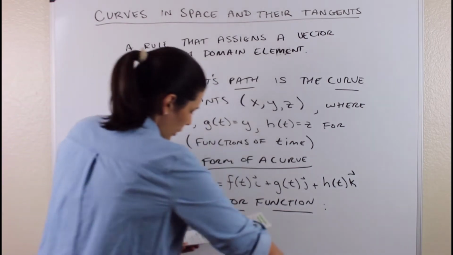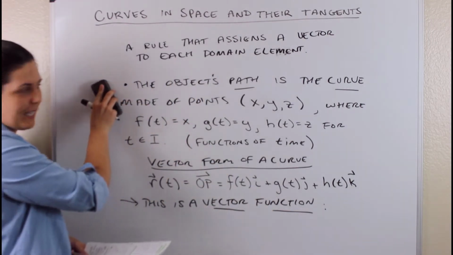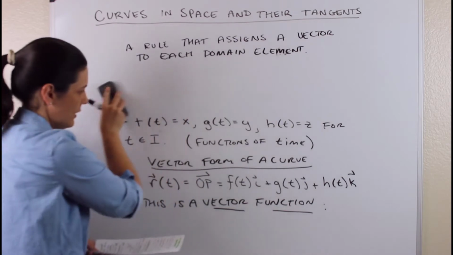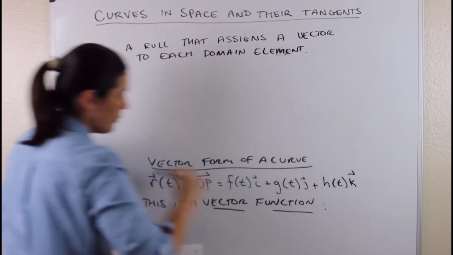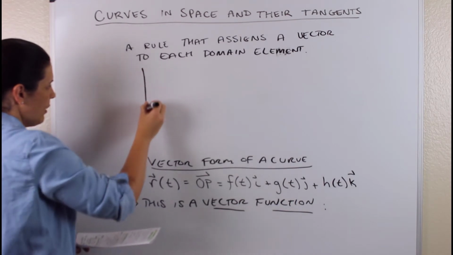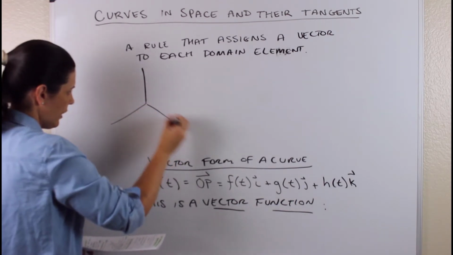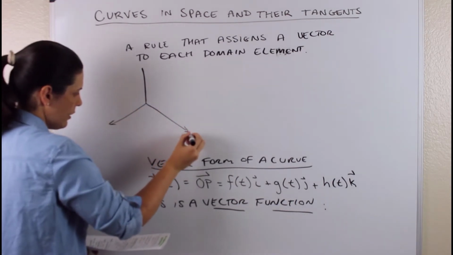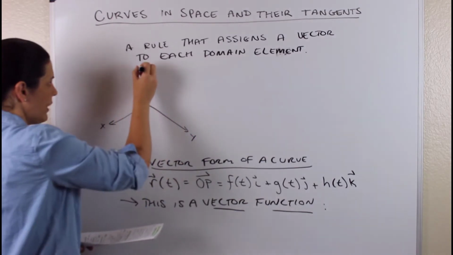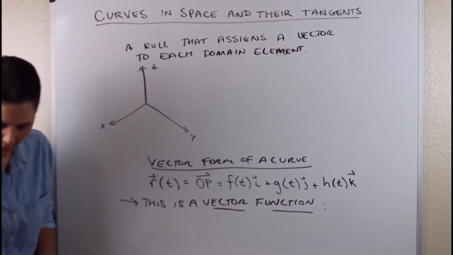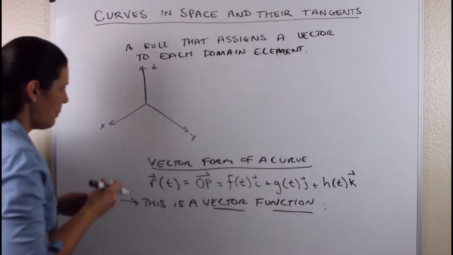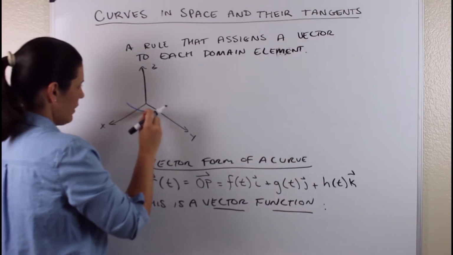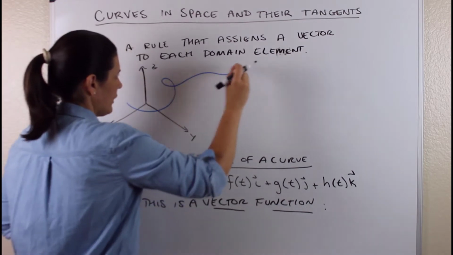And so let me just draw you a quick sketch. Hopefully it makes sense if you can visualize it. So let's get rid of this part. So I am trying to draw 3D space here. My z, x, and y axes. Okay, so let's just label those really fast. And so what all this is saying is that I have some object that's traveling through space. Maybe it does something like this. So the object's doing something like that.